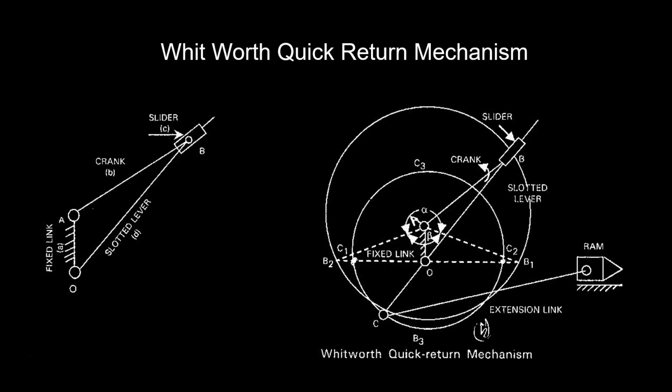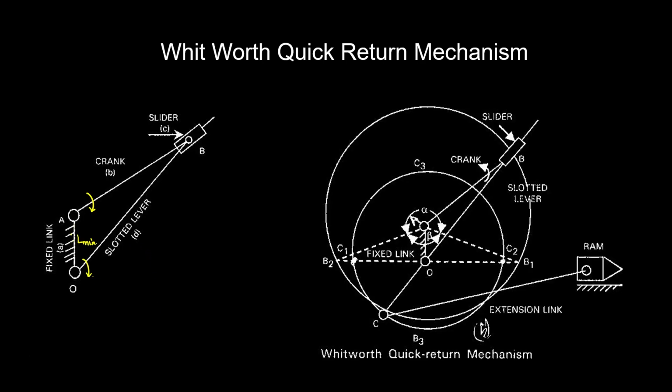Now let us try to understand the Whitworth mechanism in detail and learn about its working as well. So the fixed link is L minimum, as we found in the previous discussion, and this is going to behave as a crank, that is AB will be a crank, and even OB will also be behaving as a crank.